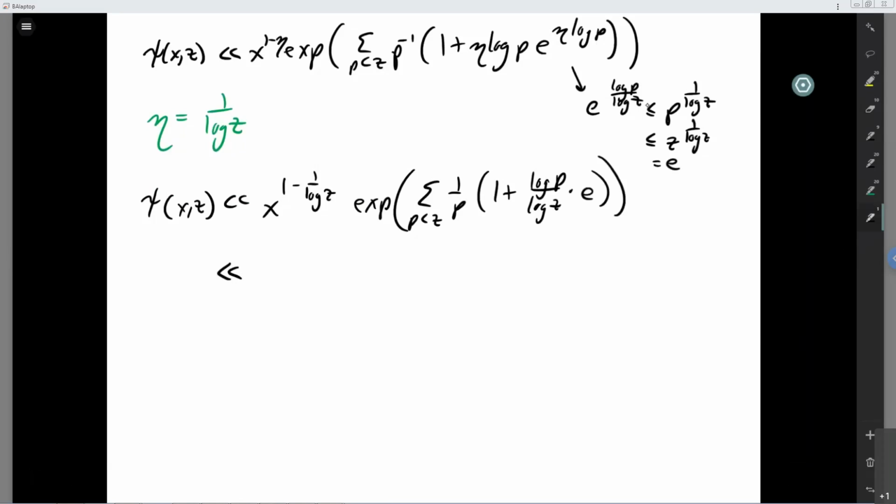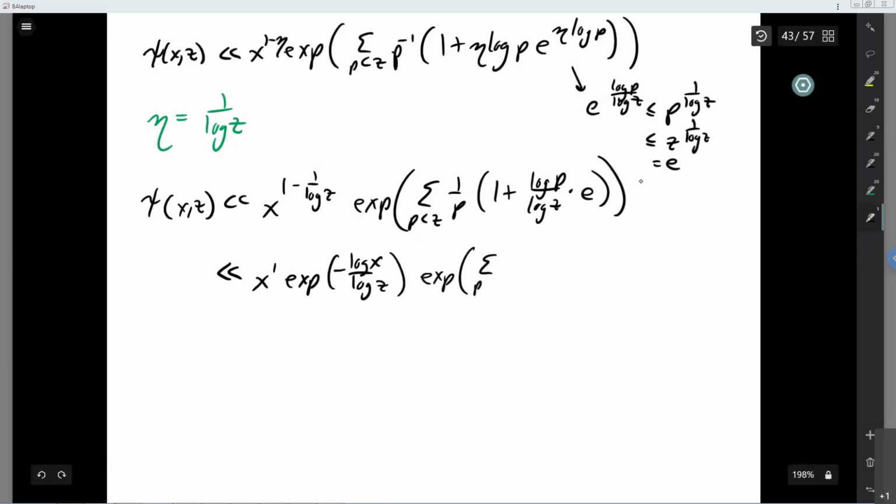When we multiply everything out, we have a term x to the 1. We have a term x to the negative 1 over log z, which is the exponential of negative log x over log z. And then we have this big exponential term, but when we multiply everything out, that's the exponential of the sum over p less than z of 1 over p plus e over log z times the sum over p less than z of log p over p.